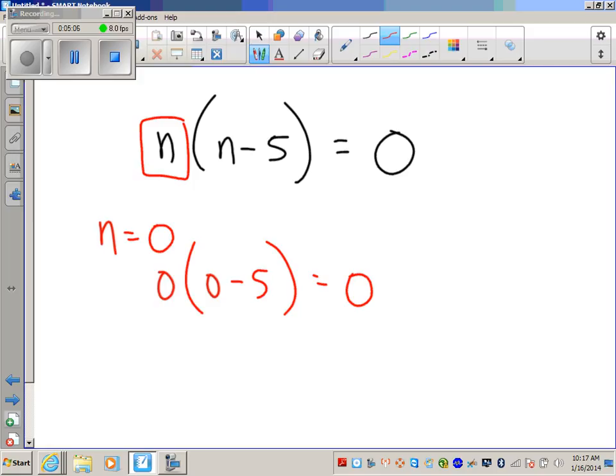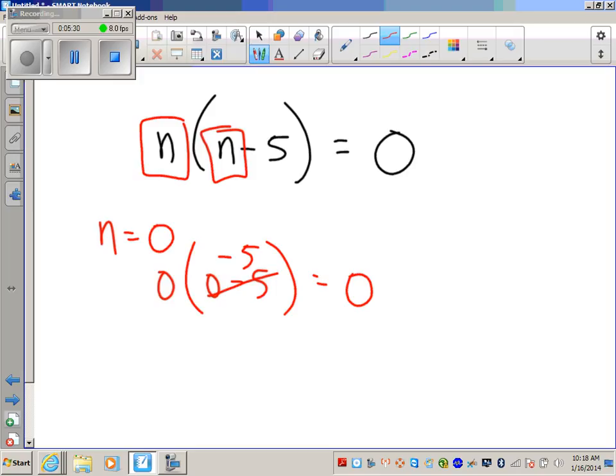If I plug in 0 into my original equation, do I get 0? Well, I can't multiply yet. What is 0 minus 5? Negative 5. 0 times negative 5, does it equal 0? Good.